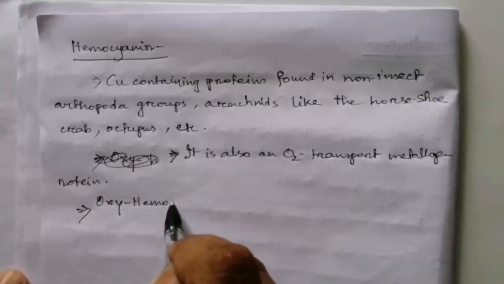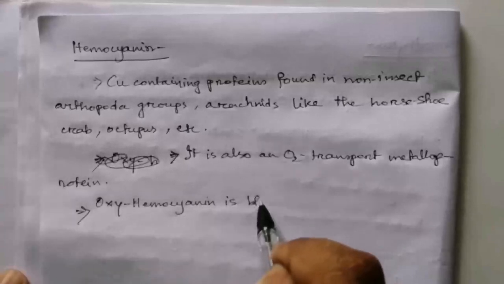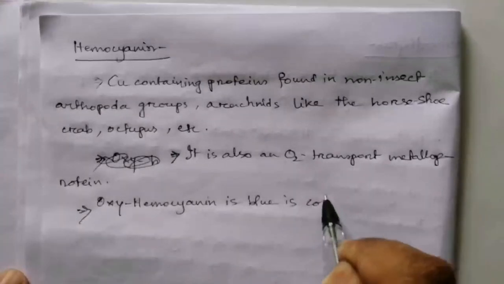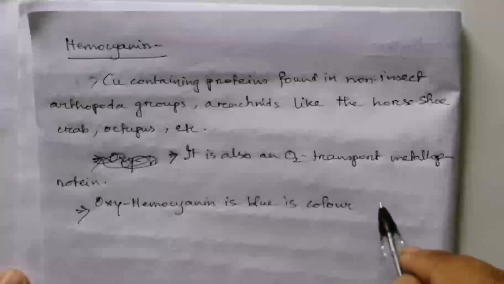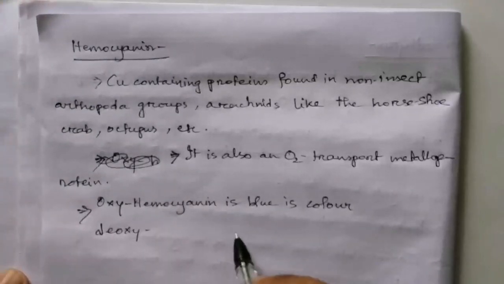Oxyhemocyanin is blue in color, while in the deoxy form it is colorless.